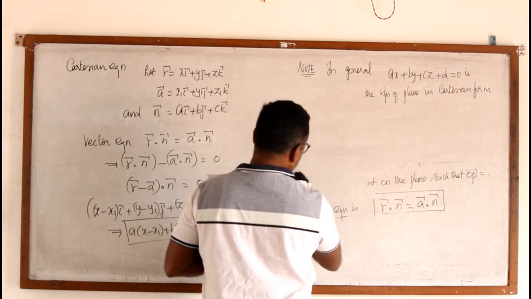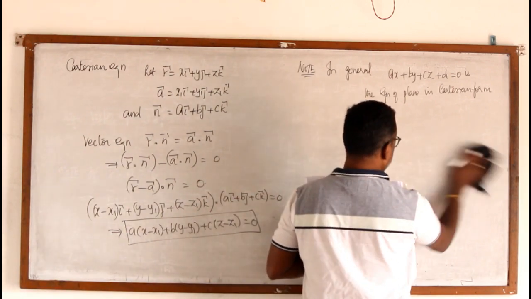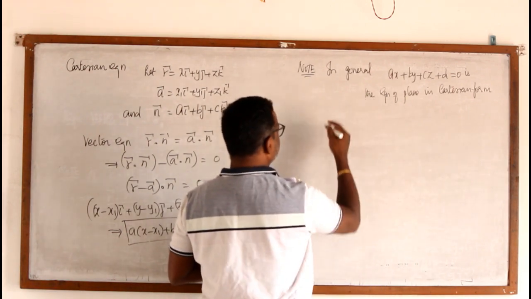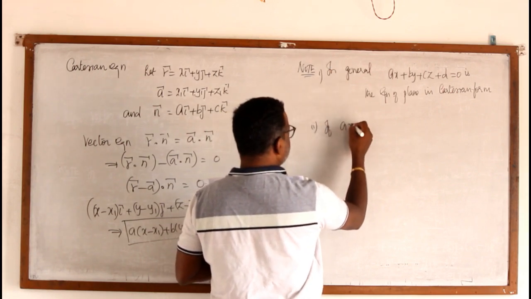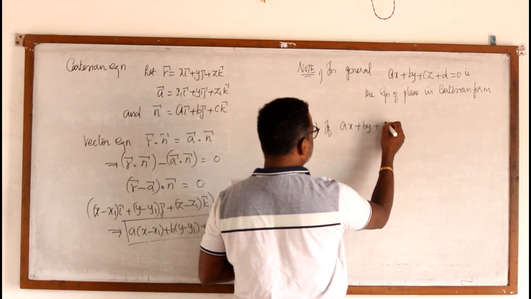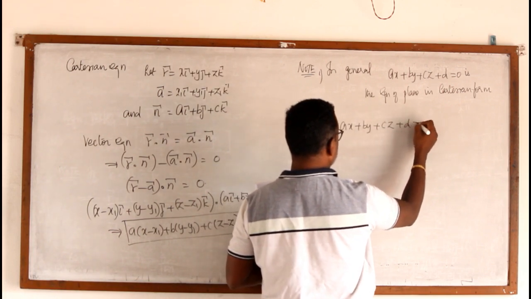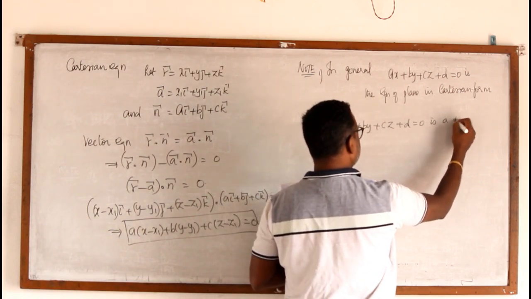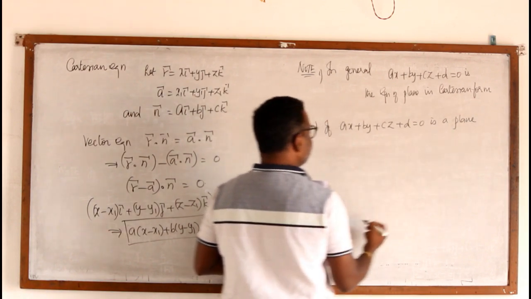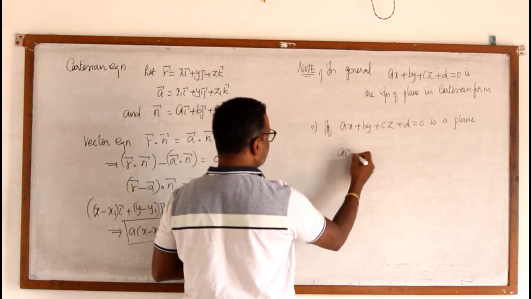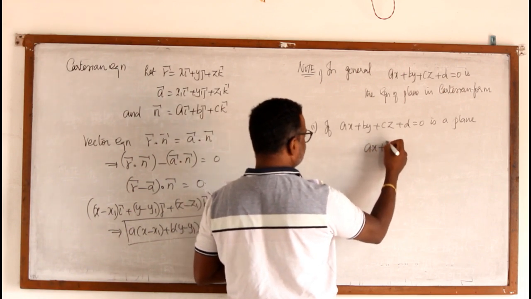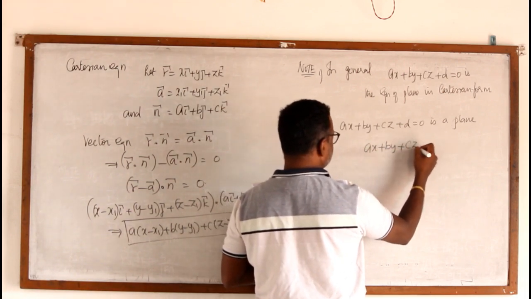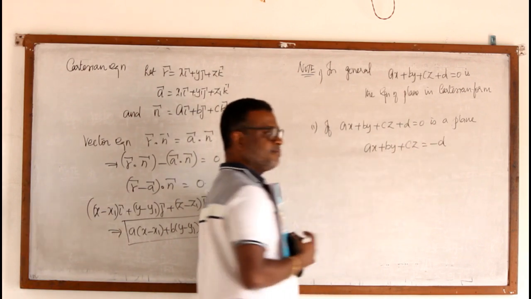Now, if ax plus by plus cz plus d equal to 0 is a plane, shall I write this as ax plus by plus cz equal to minus d?